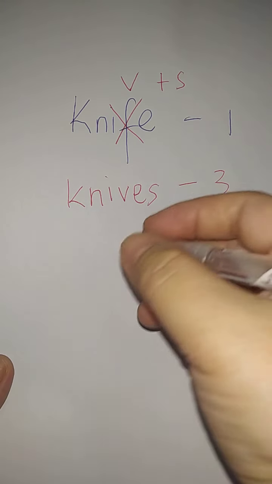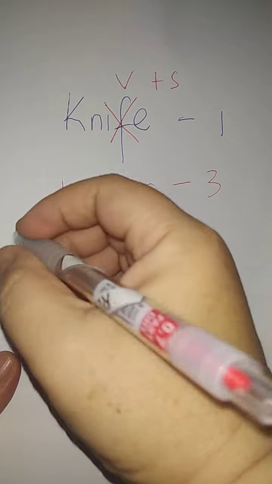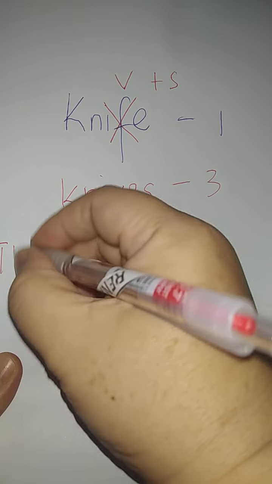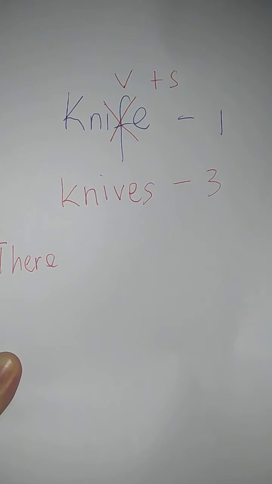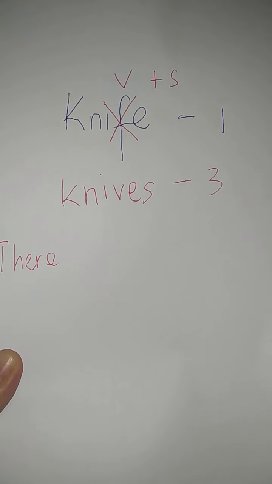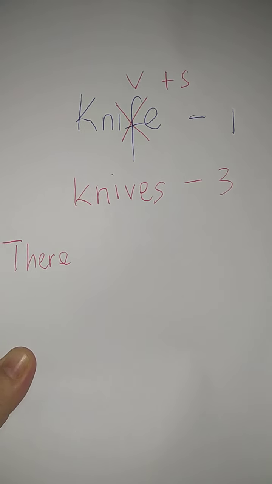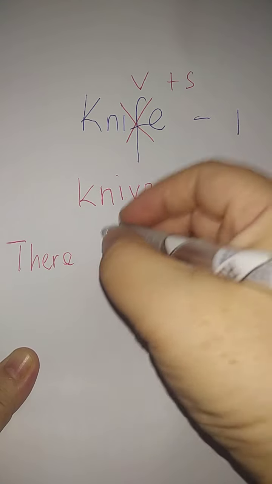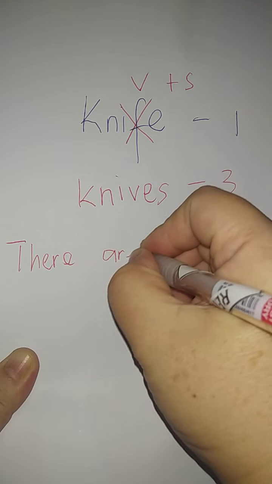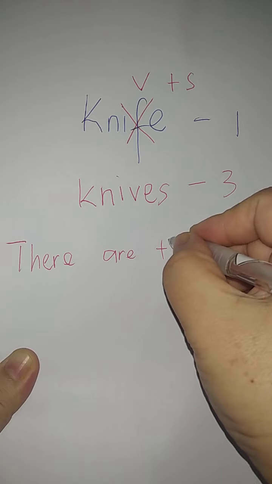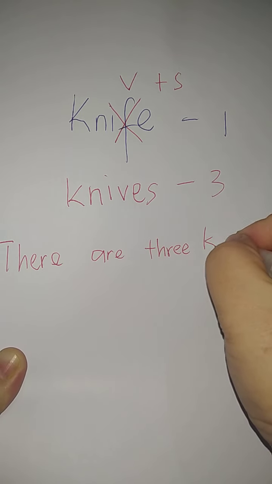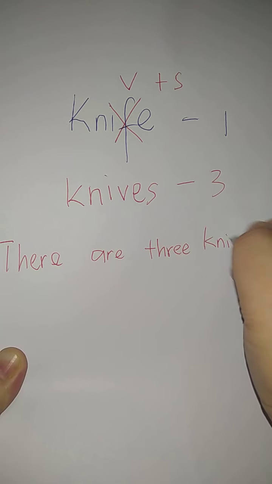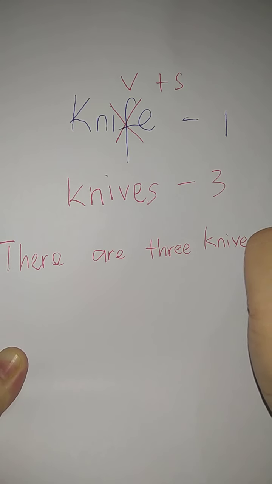When we write the sentence, you write like this: there, because there are 3, so we use are. There are 3, THREE, KNIVES.